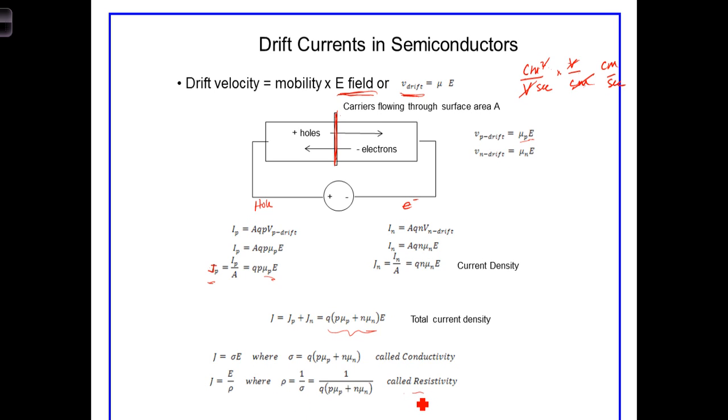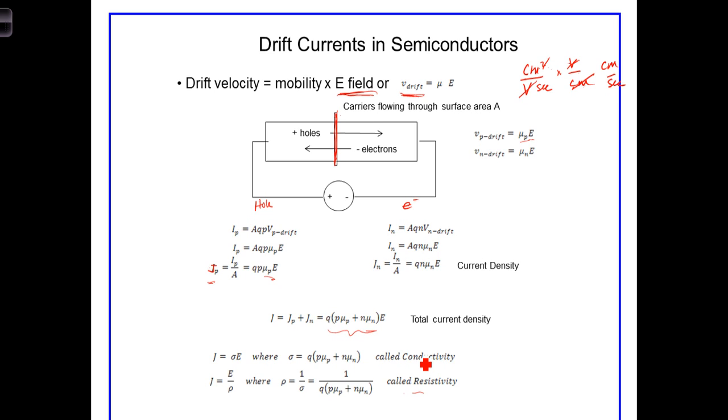The resistivity then is a measure of the resistance per area, and the conductivity is a measure of the ability to conduct current through the material.